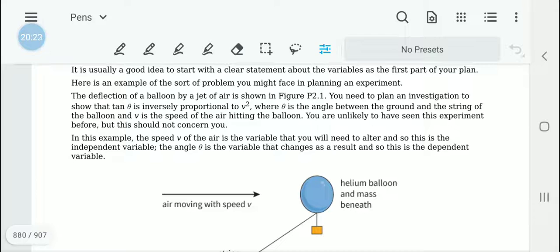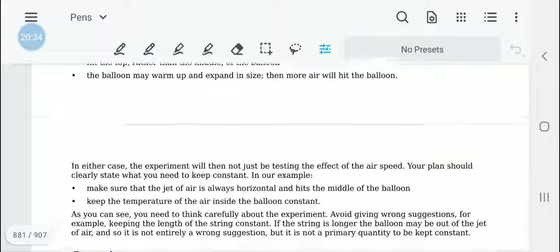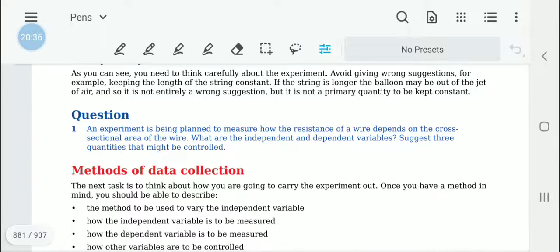Then what changes as a result is the angle theta, so that is going to be the dependent variable. I hope you understood. If you are confused, or if you did not understand anything, please let me know, then I will explain it further. If you understood this part, please continue and do question number 1.